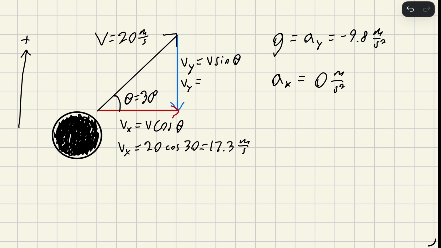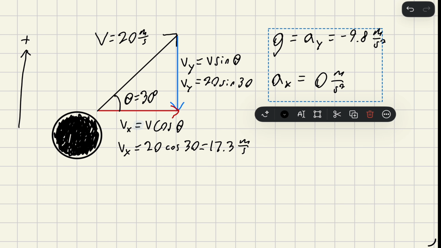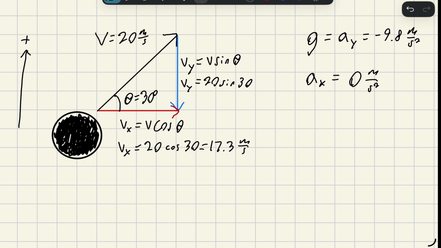And then the velocity in the y direction is equal to 20 sine of 30, which is equal to roughly 10 meters per second. So what this tells us is the initial velocity in the x and the y direction.